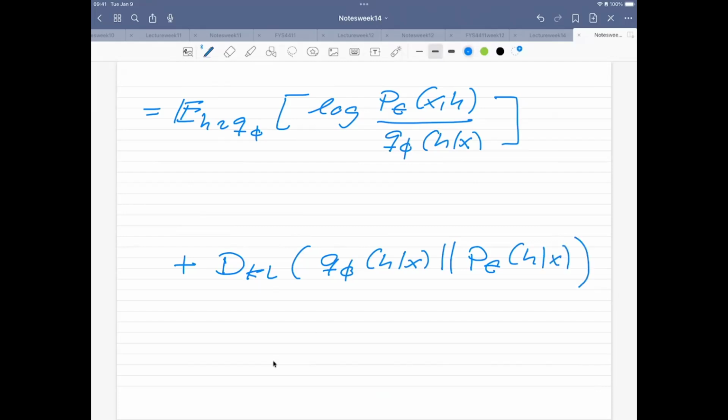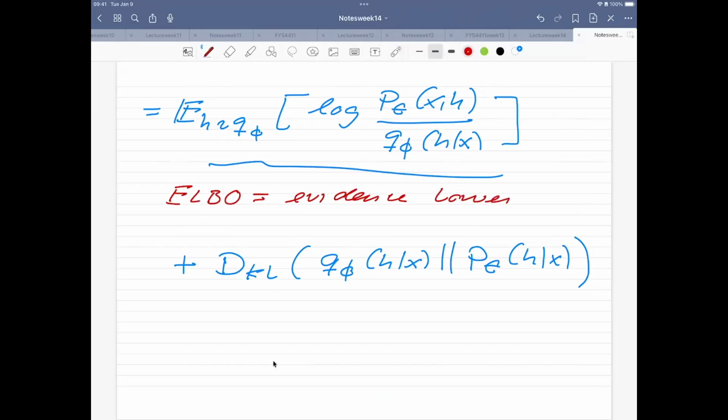Now, this intermediate term which you see here, the first term, has a name in the literature. This is the term which becomes important in the optimization. This is ELBO. It's called evidence lower bound, or lower variational bound.